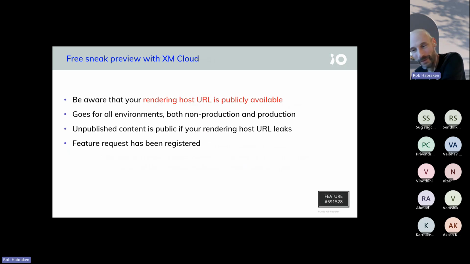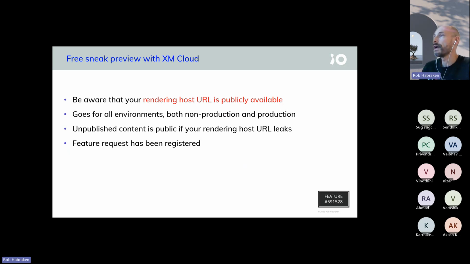And then one more thing on rendering configuration, and that is that you should be aware that your rendering host that is being used is publicly available. The URL is actually containing a hash, a GUID, so it's not easy to guess.